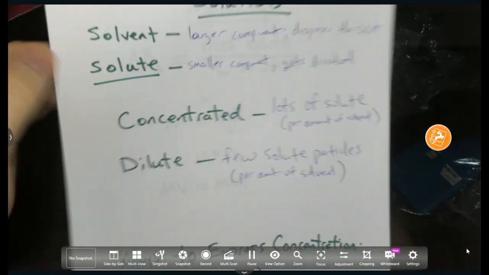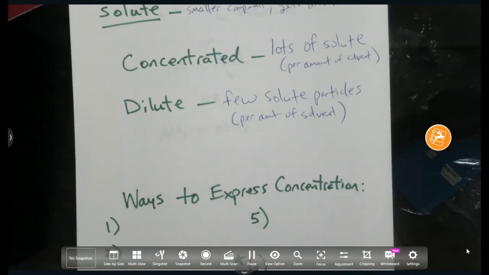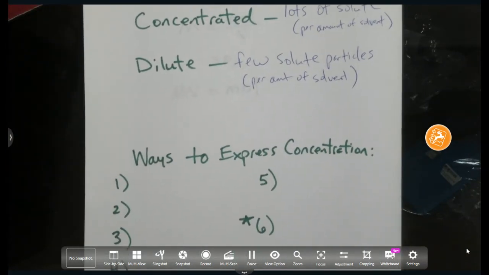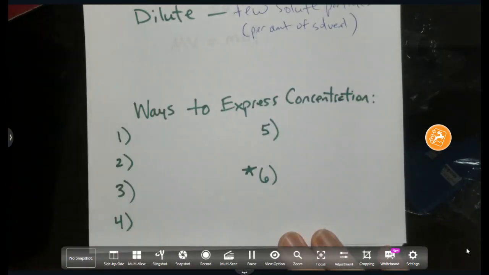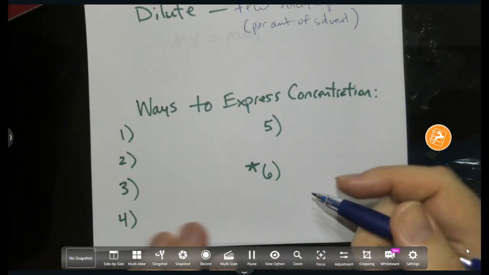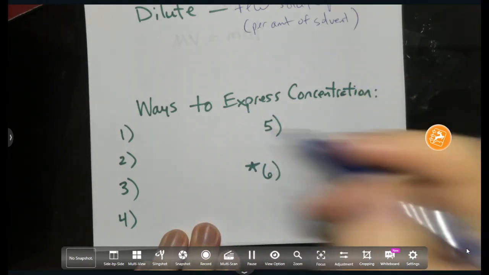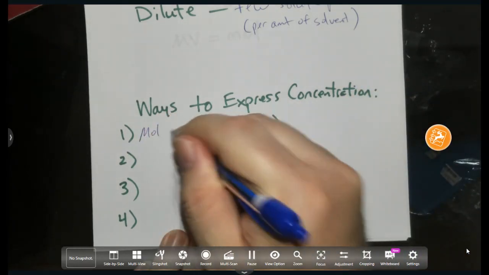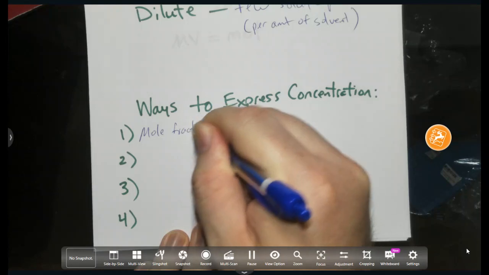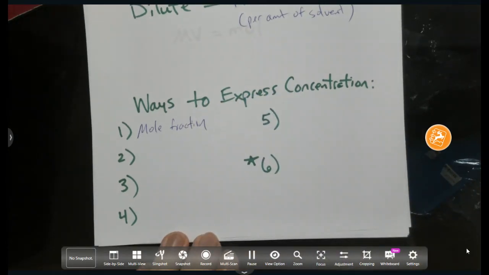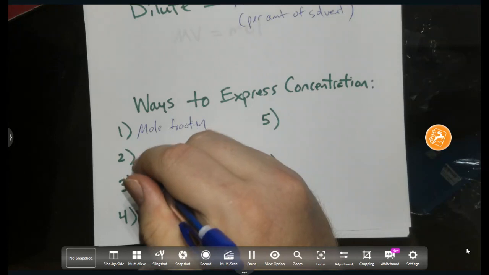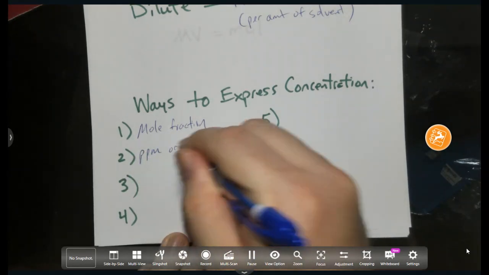Now how do we measure concentration? Since the word concentration will envelop all of this, both dilute and concentrated, well, we've got lots of different ways. We have something called a mole fraction that we could use. That's just the moles of your solute over the entire number of moles of everything, including the solvent. You can use parts per million or parts per billion.